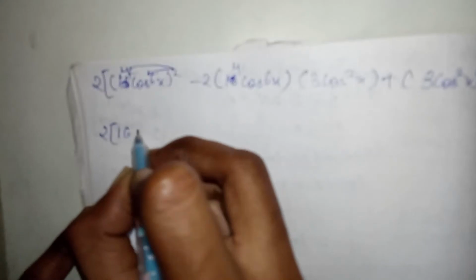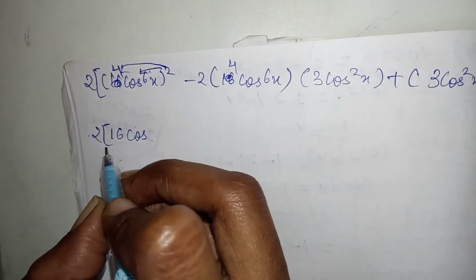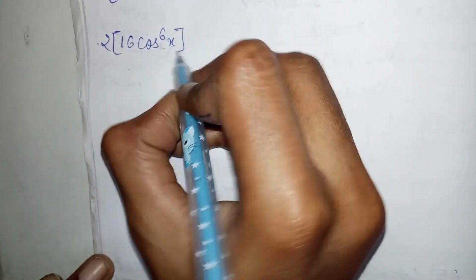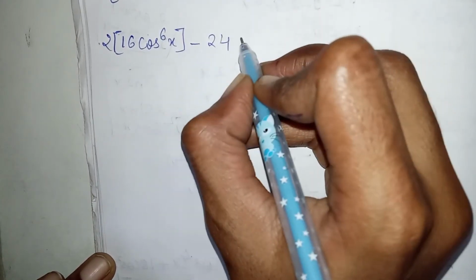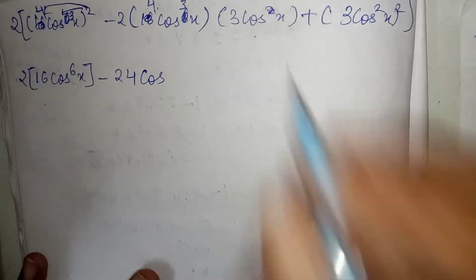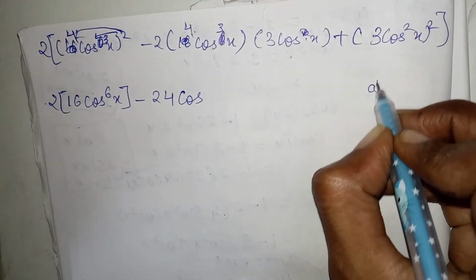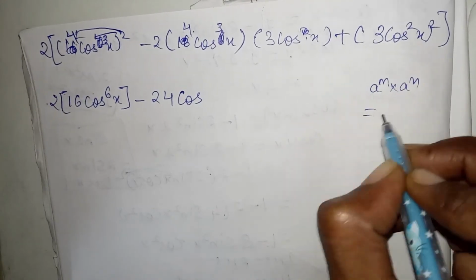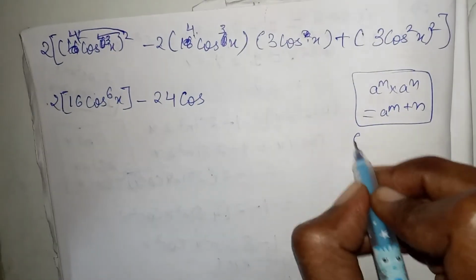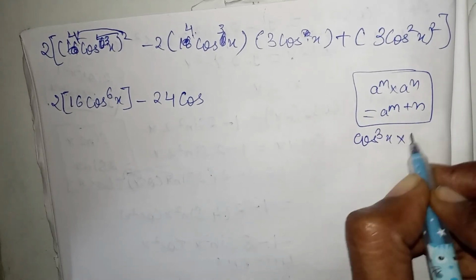So cos, 3 2s is 6 power x. Next is what? 2 4s are 8, 8 3s is what? 24. And then, 3 plus 1 is what? We have one formula, a power m into a power n is a power m plus n, same as it is. Cos cube x into cos x is what?